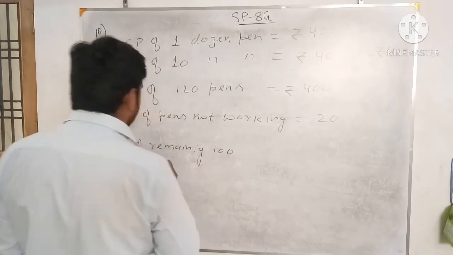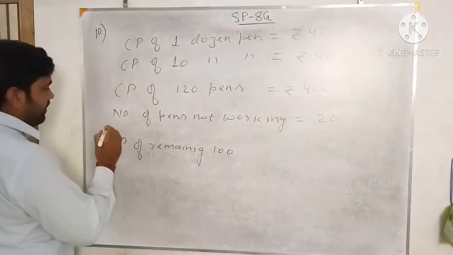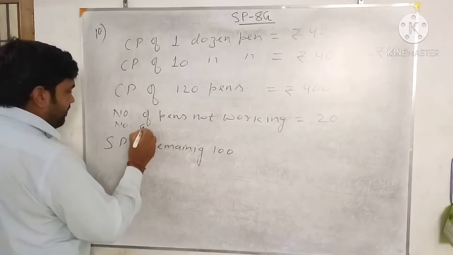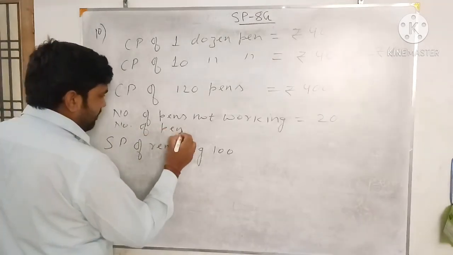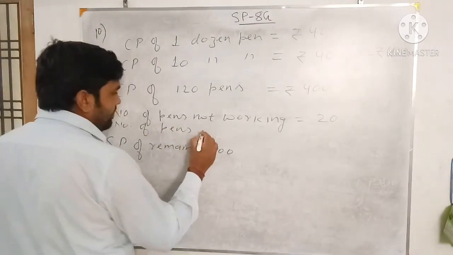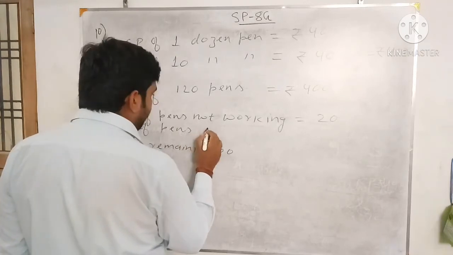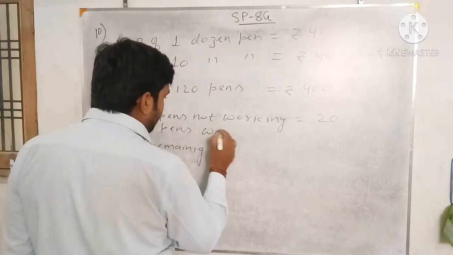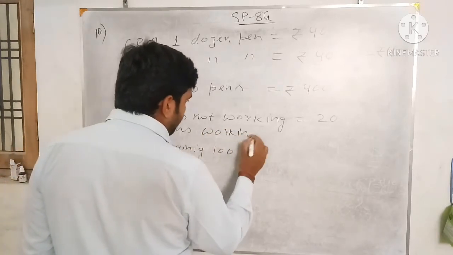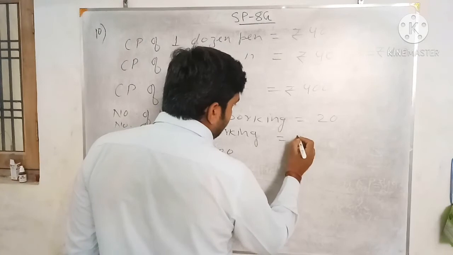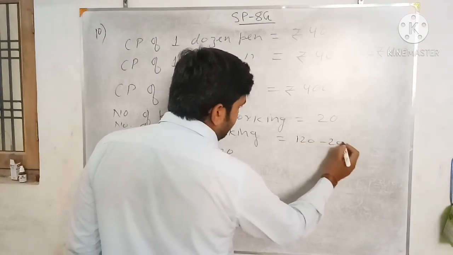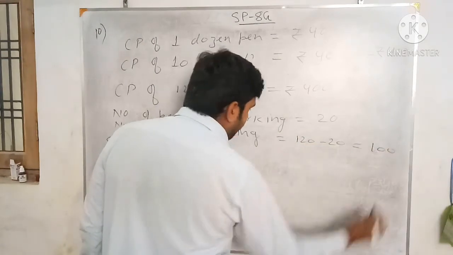So the number of pens working, or good pens, equals 120 minus 20. That is, only 100 pens are working.